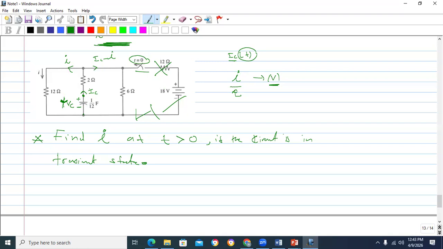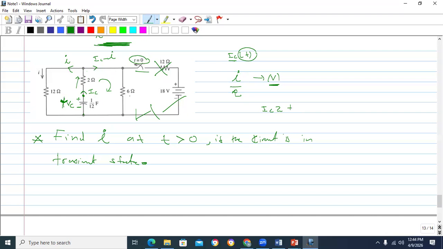Now if we apply the Kirchhoff law to this loop, I am applying it in this direction. The voltage across the capacitor is IC times R, in this direction, so that is IC times 2, plus now I am going in this direction.